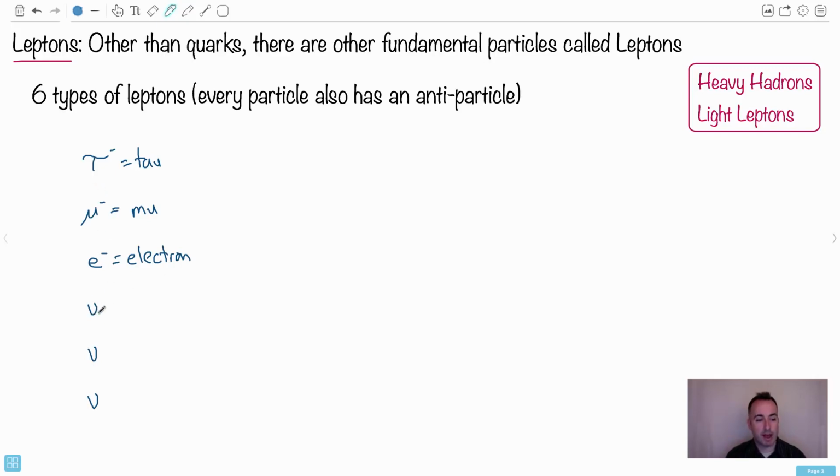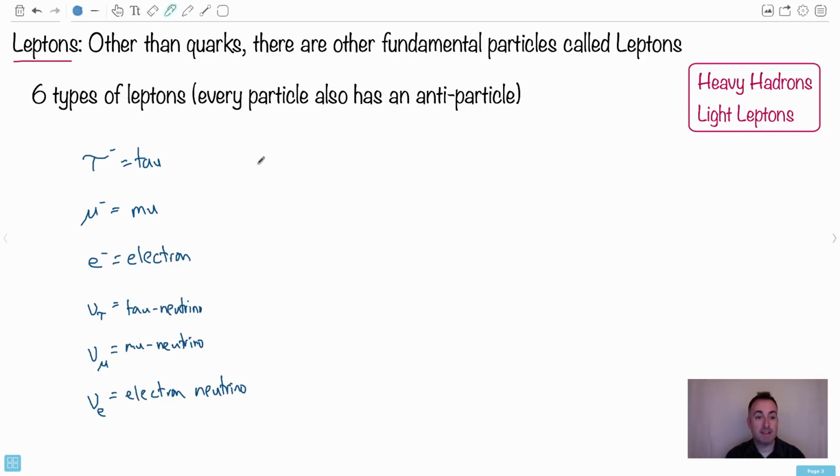We have a subscript tau, we have a subscript mu, and we have a subscript e. In other words, we call this the tau neutrino. This one here we call the mu neutrino, or the muon neutrino, some people say. And this one here is the electron neutrino.